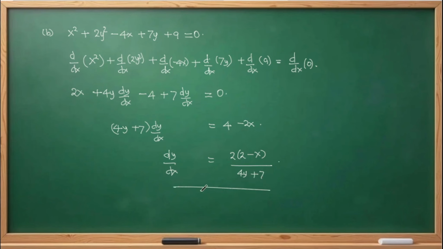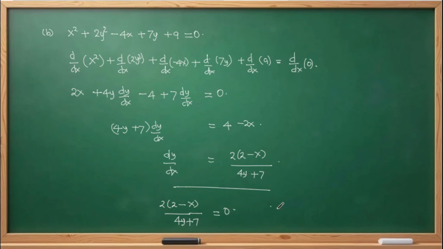And then, at a turning point or stationary point, dy by dx is equal to 0. So here we have 2 into 2 minus x over 4y plus 7 should be equal to 0. Meaning if you multiply both sides by the denominator, it will just vanish into 0.